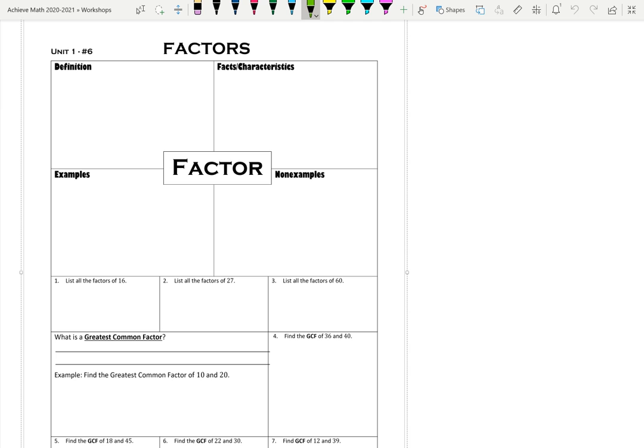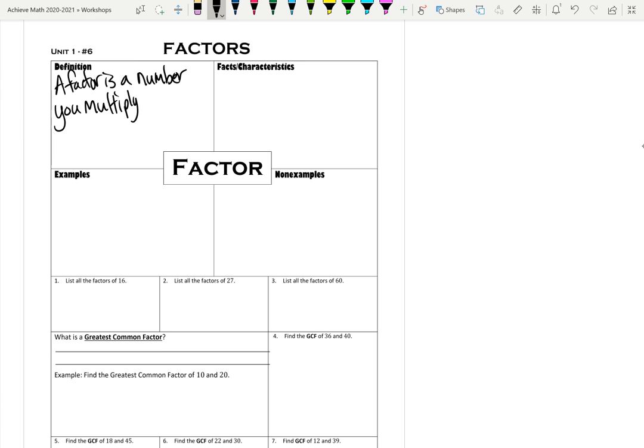All right. So this vocab square is designed to make your knowledge of factors a little better. The definition: a factor is a number you multiply to get a whole number.